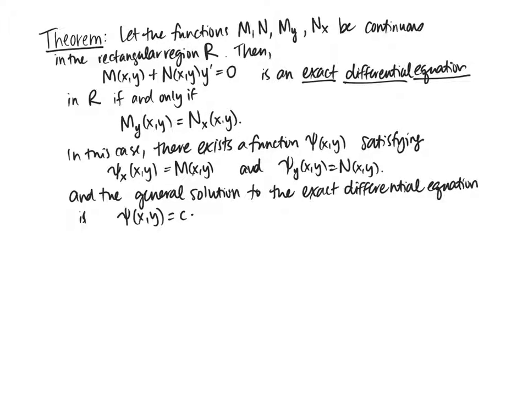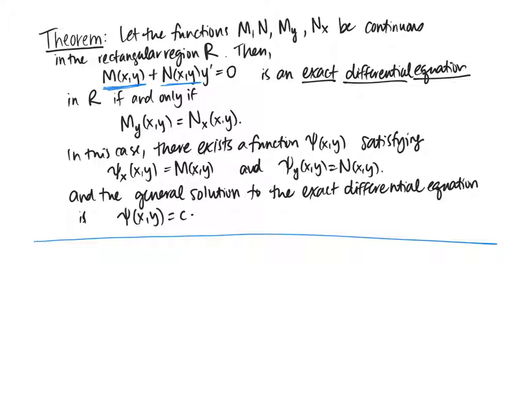So let's take a minute to discuss what this is saying. If we have a differential equation of this form, where we have this function of x and y plus another function of x and y times y prime equal to 0, something like this is exact if and only if the partial derivative of M with respect to y is equal to the partial derivative of N with respect to x. And in this case, there is a psi.